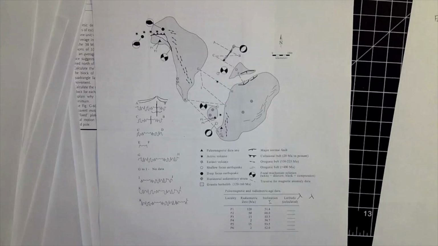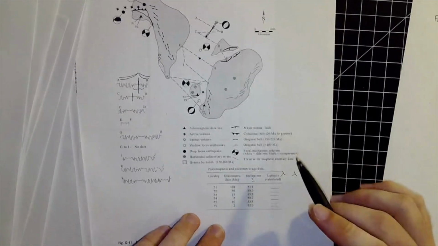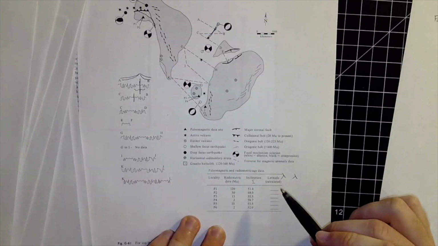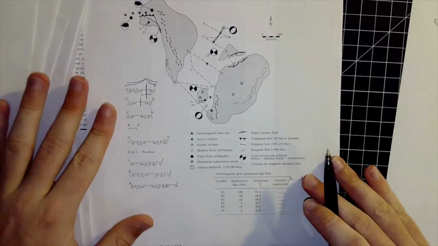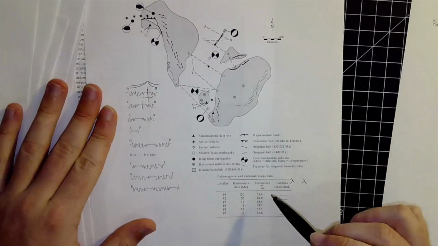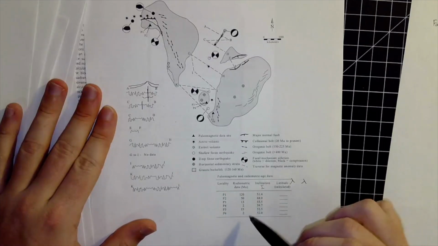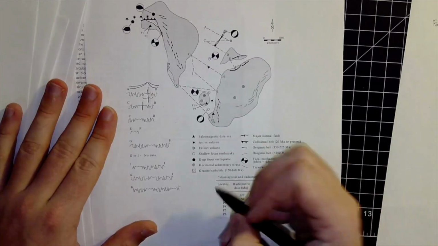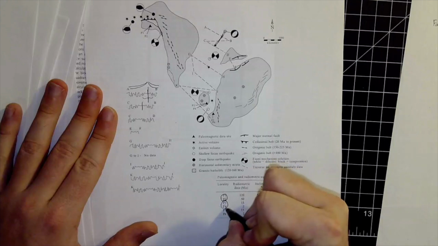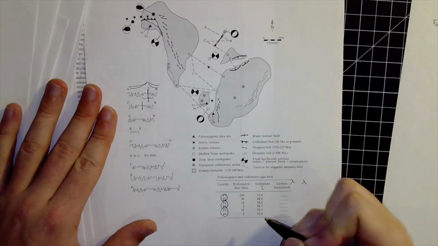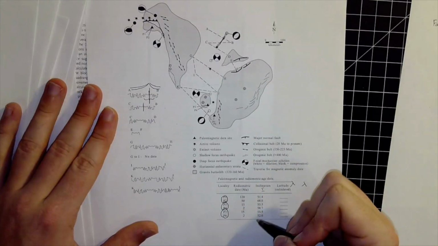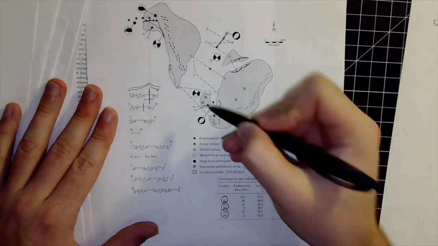The other piece of information that is a little tricky to use is this Paleomag data. So the idea here is it tells you, most of these at least, they're all paired up. So P1, P2 is paired, P3, P4, P5, P6. So we can look at P3 and P4, for example.